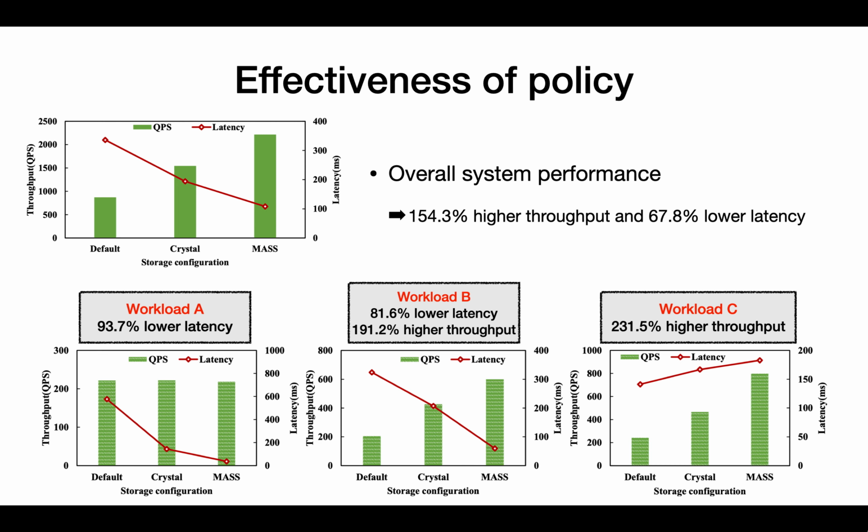Under the MASS configuration, policies are assigned to each workload at both the substore level and the storage node level. From the experimental results, it can be seen that compared with the existing storage policies, the overall system throughput is increased by 154.3% and latency is decreased by 67.8%. For each workload, the performance is optimized greatly.